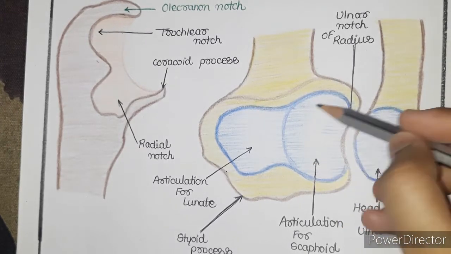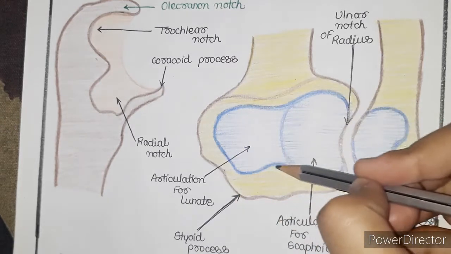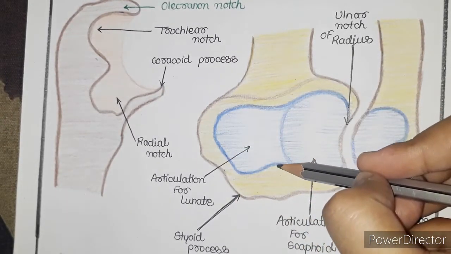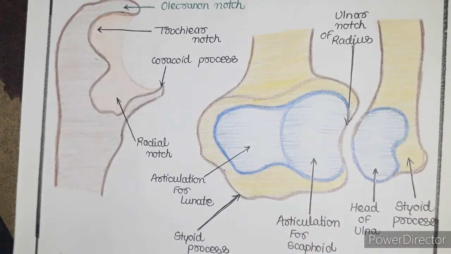In real it is triangular, and this is quadrangular in shape for articulation for lunate. Lunate and scaphoid are what bones? Carpal bones. And this is the lower end of the ulna, which has medial styloid process.